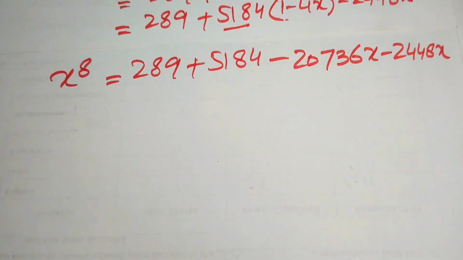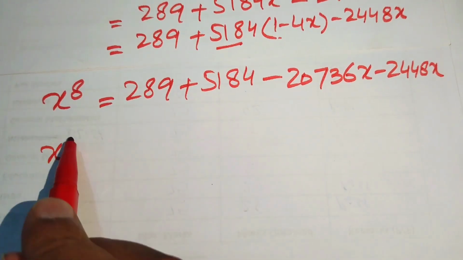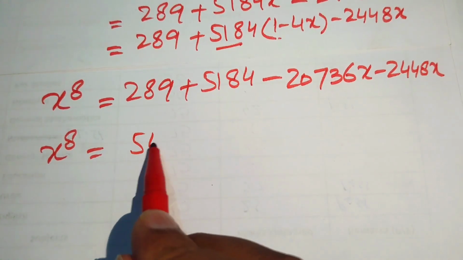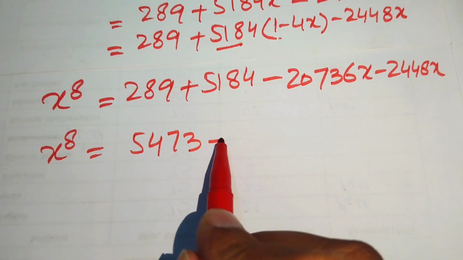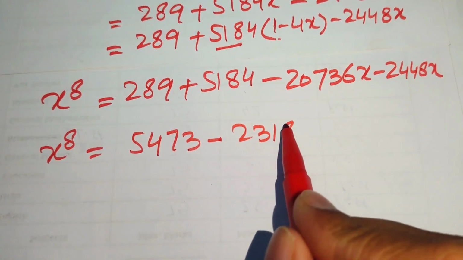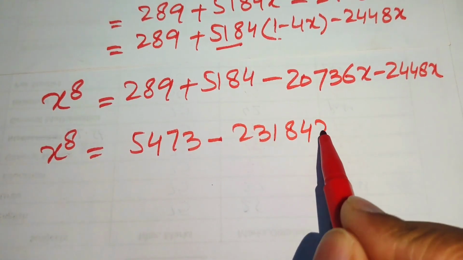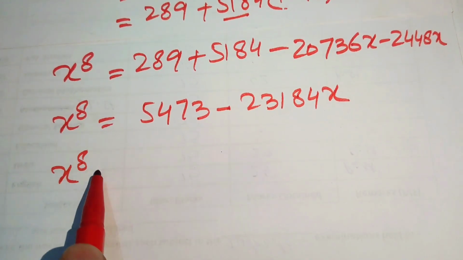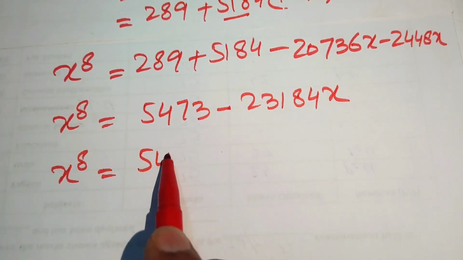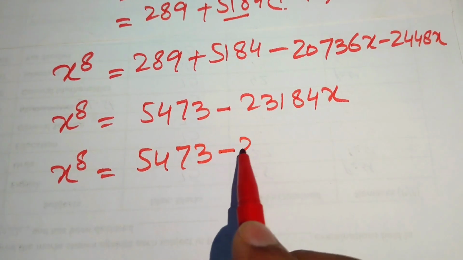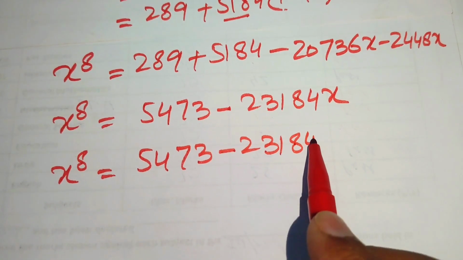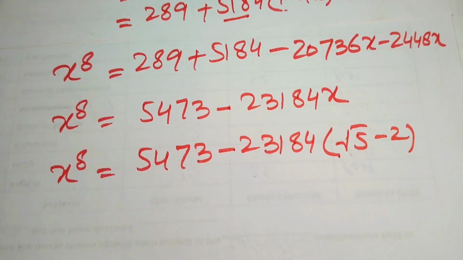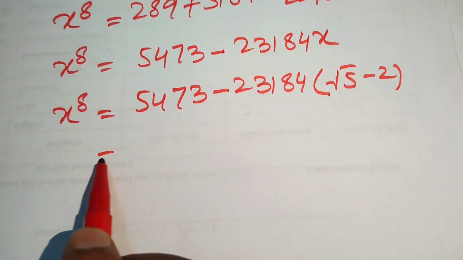So further we need to add or subtract the like terms, and you obtain here 5473 minus 23184 into x. So now we back substitute the value of x, and you get x to the power of 8 equals 5473 minus 23184 into x, and the value of x is square root of 5 minus 2.